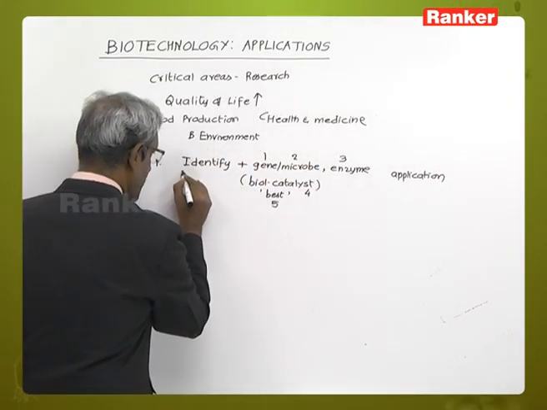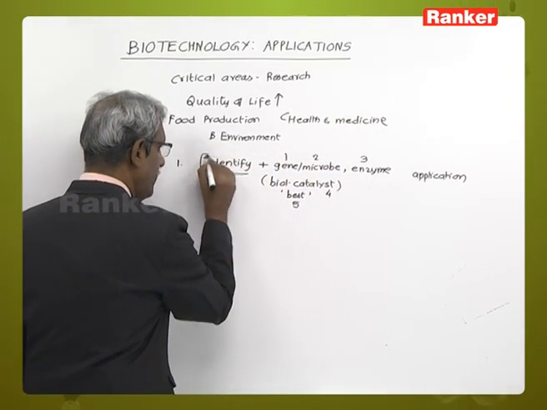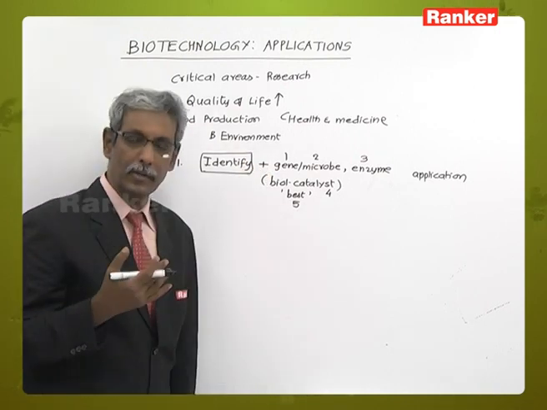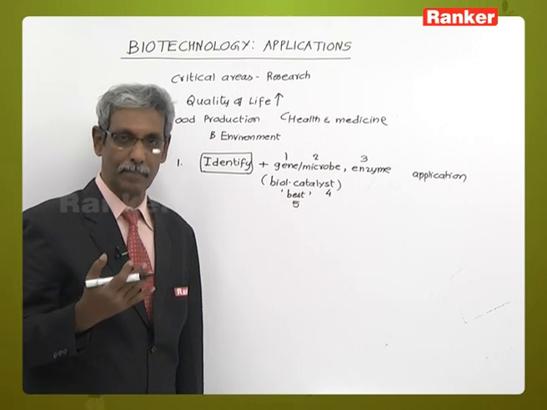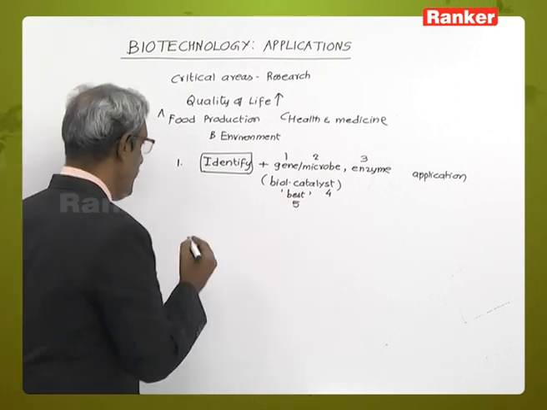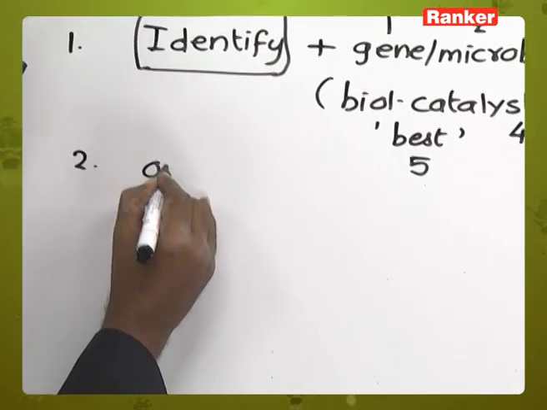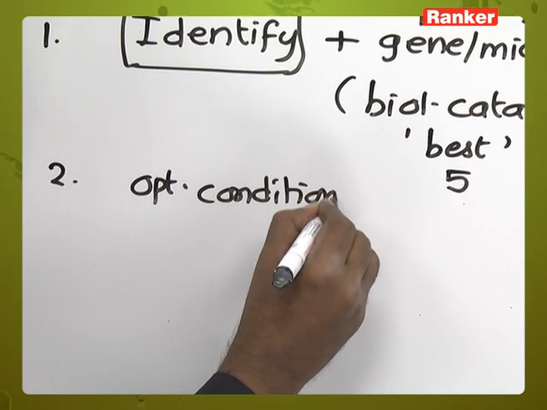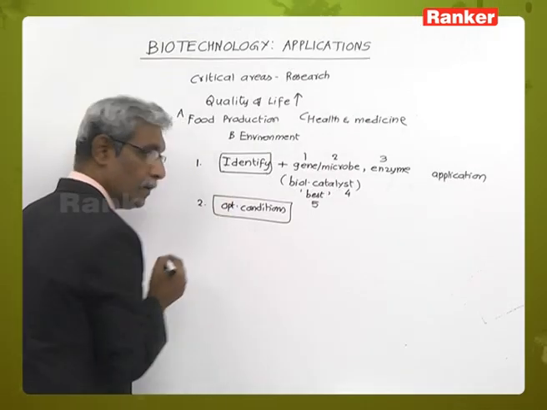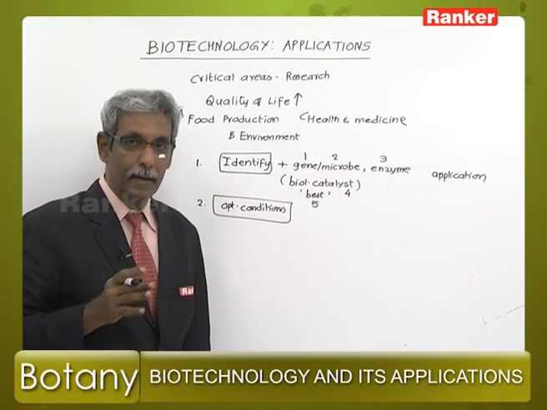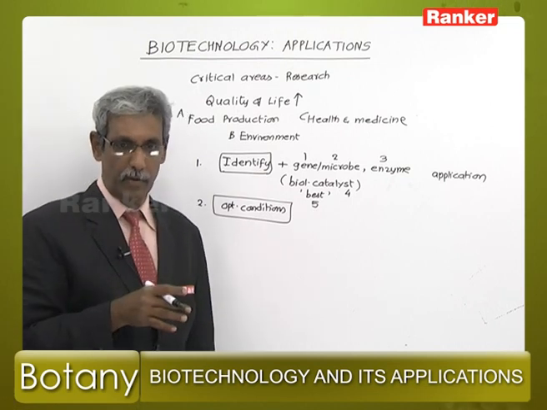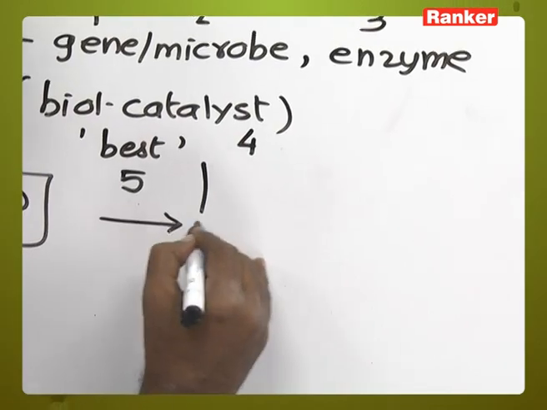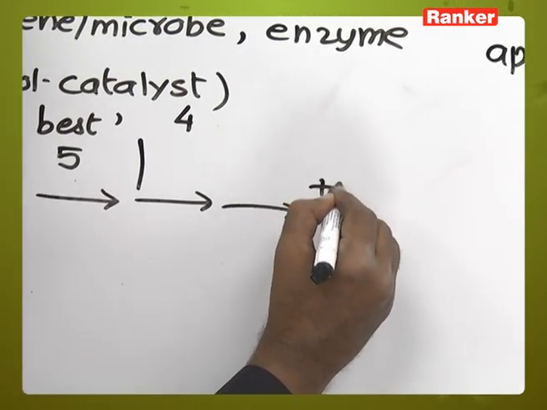Thereby, your judgment is how do you identify the gene of interest, because we look at biotechnology as a sort of chemical process. And second, we have to know what the optimum conditions are, developed by genetic engineering and biotechnology, for the catalyst to act, since the catalyst needs to speed up a chemical reaction very, very fast.